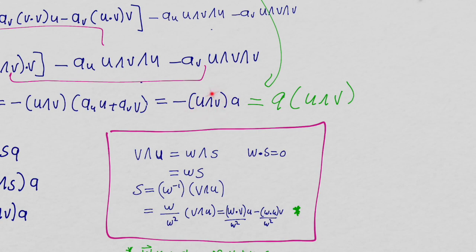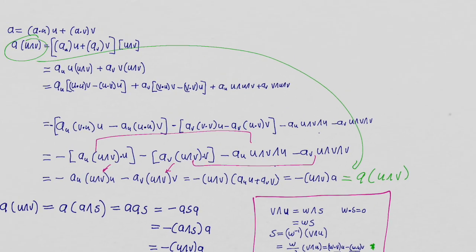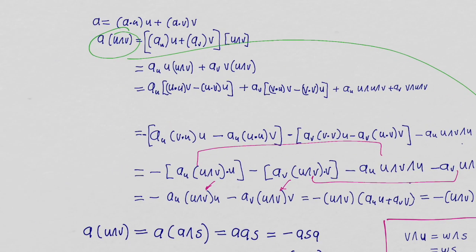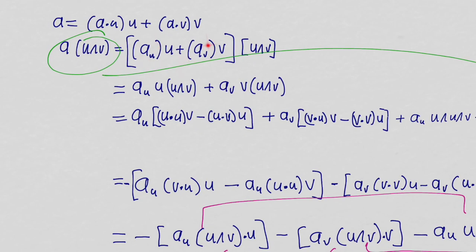That the bivector u wedge v and A, remember A is in the plane, right? That was really critical. Where was that critical? It was critical when we made this substitution, by making the substitution for A in terms of its component forms of u and v.